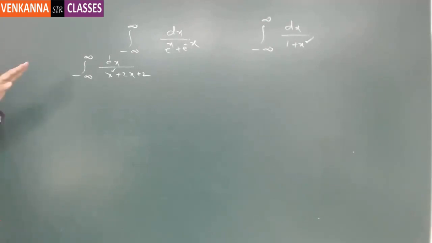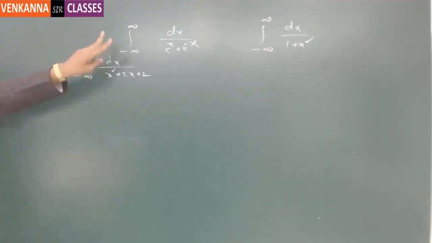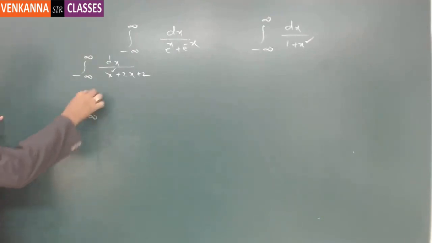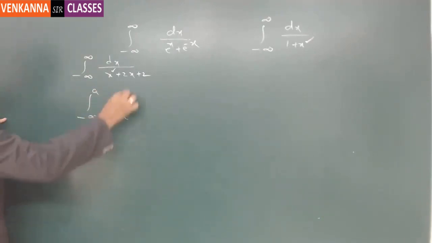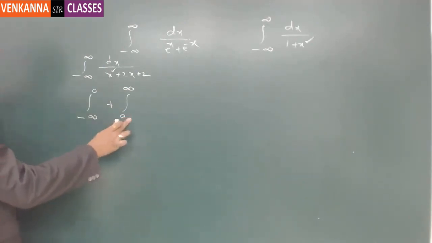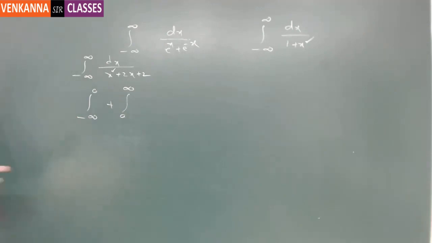The procedure is, generally, whenever minus infinity to infinity is given, we have to split the integral as minus infinity to a plus a to infinity, where a is a number arbitrarily chosen in between. Generally we take a as 0, because when one of the limits is 0, it is very easy to apply the limits.